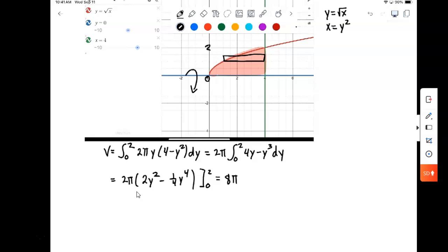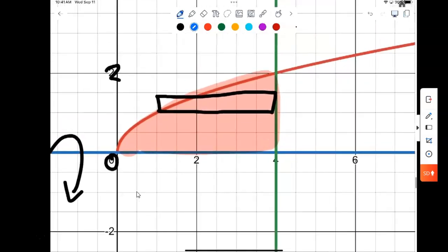Okay? And then we're going to do the same thing in part B when we do it with washers. So to do it with washers, we're going to be measuring perpendicular to our axis. So if we measure perpendicular to our axis, we're going to be measuring like that, and we're going to be integrating along that axis.